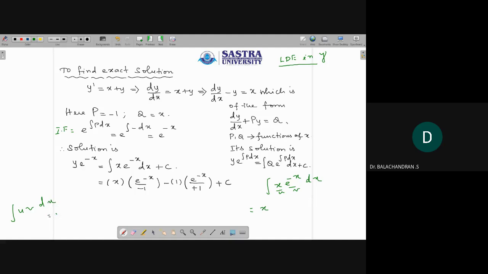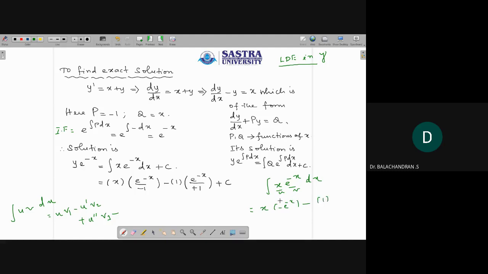So Bernoulli's formula: u v1 minus u dash into v2 minus plus u double dash v3 minus and so on. So keep u, if you integrate e power minus x, minus e power minus x. If you differentiate x, you get 1.